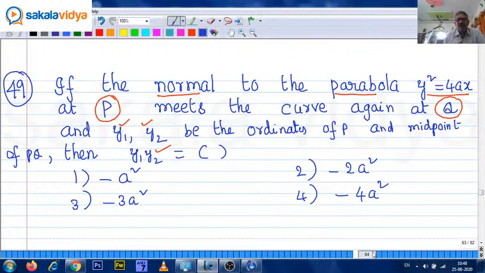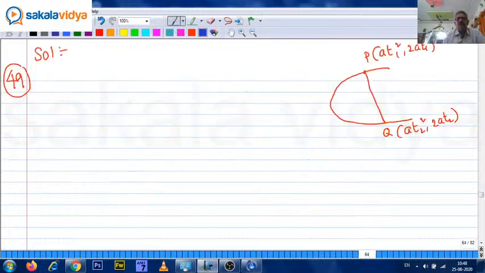So now, say the midpoint R coordinates, means only we need to find out the y coordinates. With points x1 comma y1, x2 comma y2, the midpoint is x1 plus x2 by 2 comma y1 plus y2 by 2.